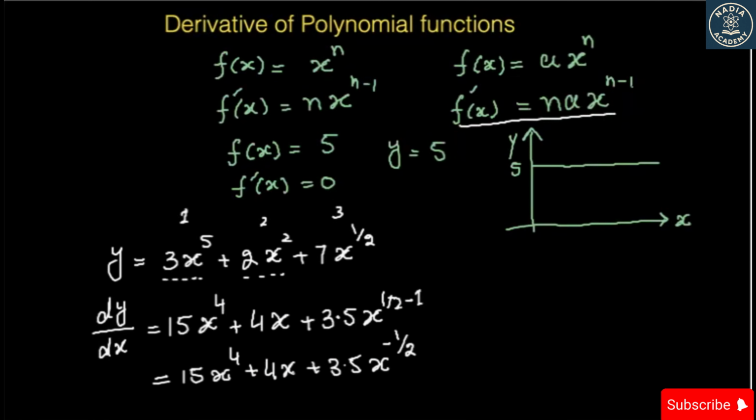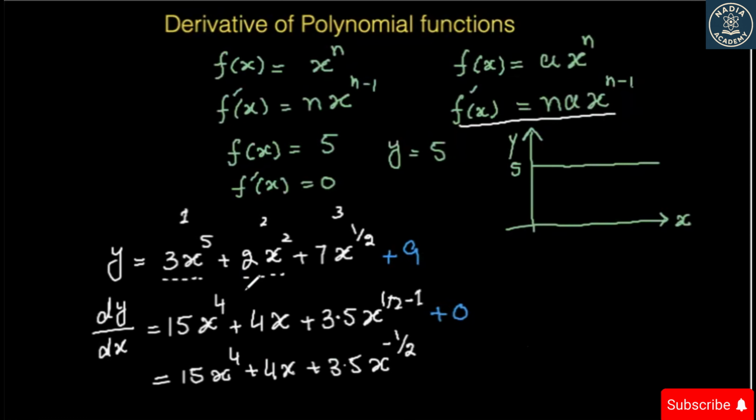Now we can also consider that if there was another term, let's say 9, which is a constant term, then the derivative of the constant term will be 0. So the answer will be the same again.